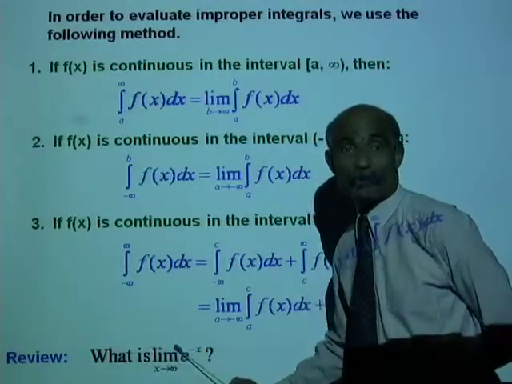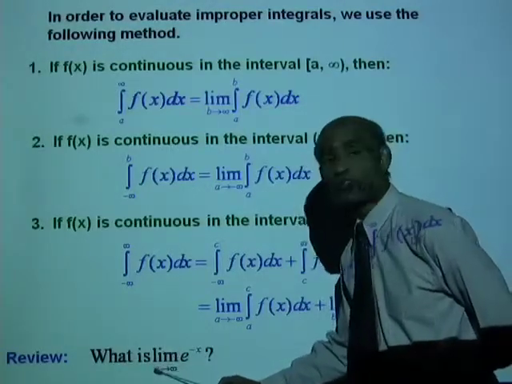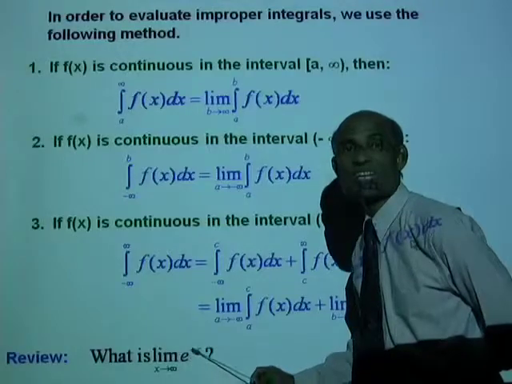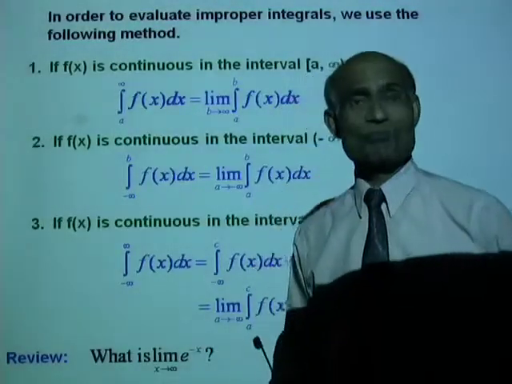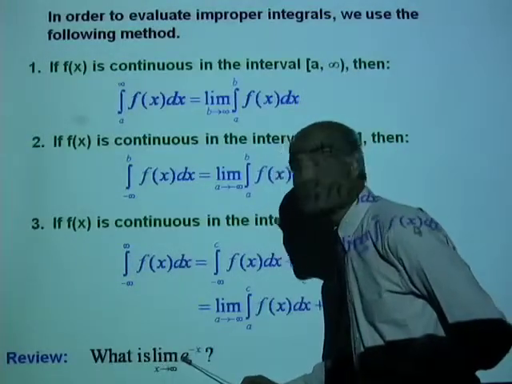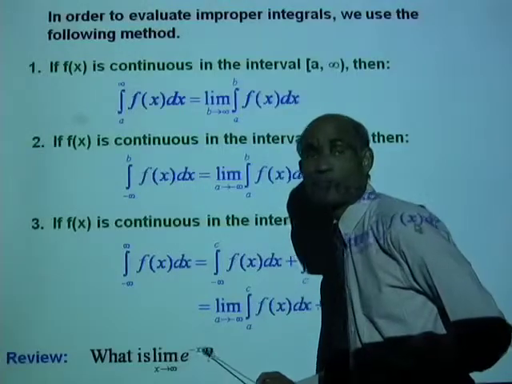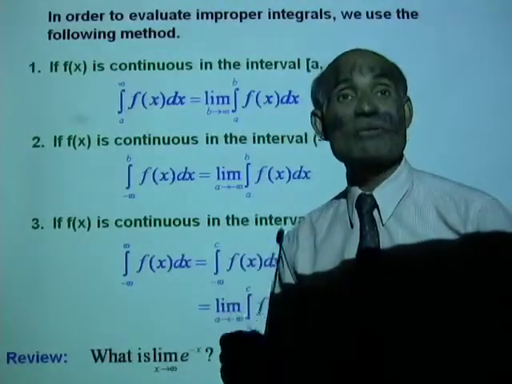Alright, now we had talked about this actually in the last class. What is limit x approaches infinity e to the power of negative x? Remember, e to the power of negative x is 1 over e to the power of x.